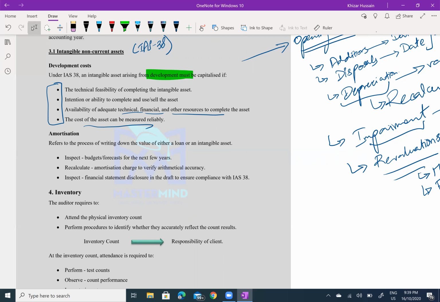And for users of financial statements, again, disclosure is important to the extent, and only to the extent, where the information is useful for them to take a financial decision, an investment decision. All right, not beyond that.